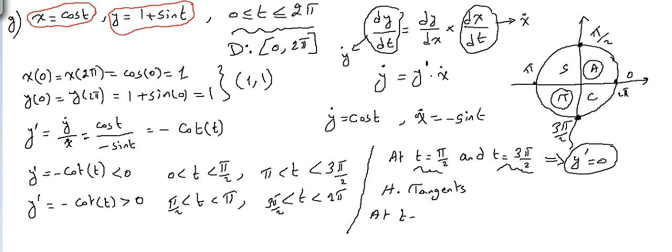Now, at t equals 0 and t equals pi, sine 0 is 0, and the cotangent is again cosine over sine, right? At t equals 0, the denominator will be 0, so it will be undefined. Same for pi, sine pi is 0.